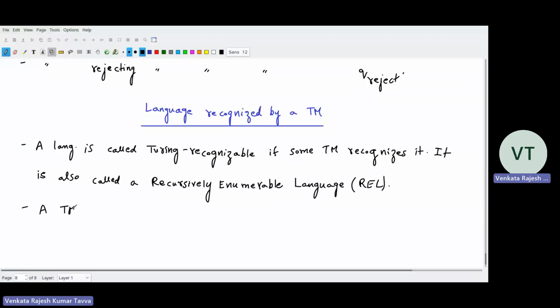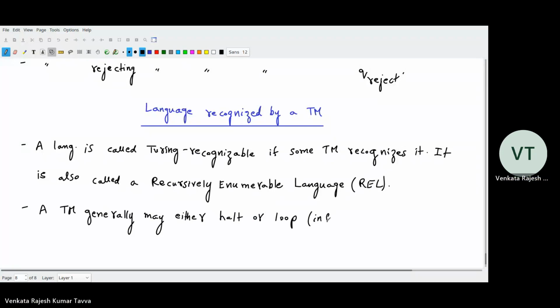A Turing machine generally may either halt or loop. Here looping is generally understood as infinite looping.